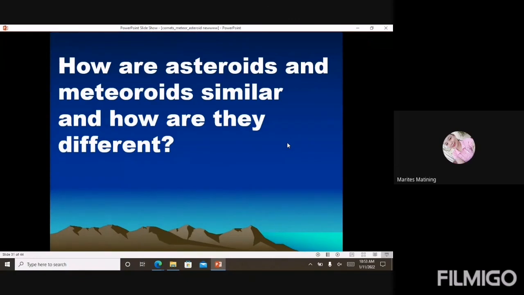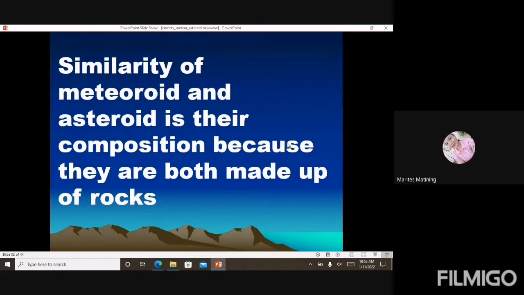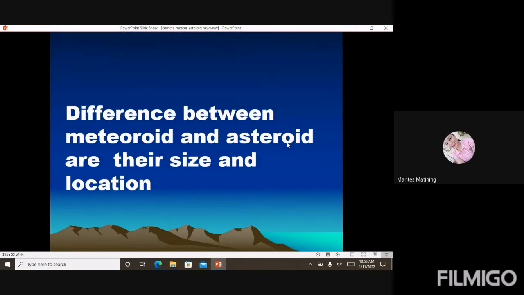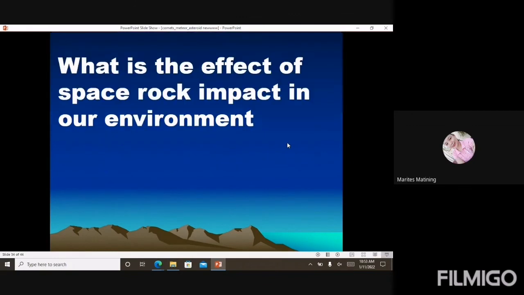Okay, so how are asteroids and meteoroids similar naman? Ito, similarity of meteoroids and asteroids is their composition. Why? Because they are both made of rocks. Their difference is their sizes and location. Okay, sizes and location. What is the effect of the space rock? Impact in an environment.